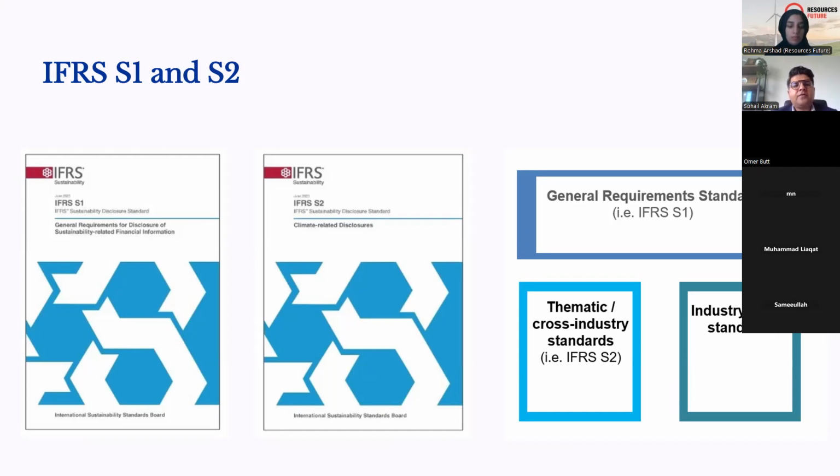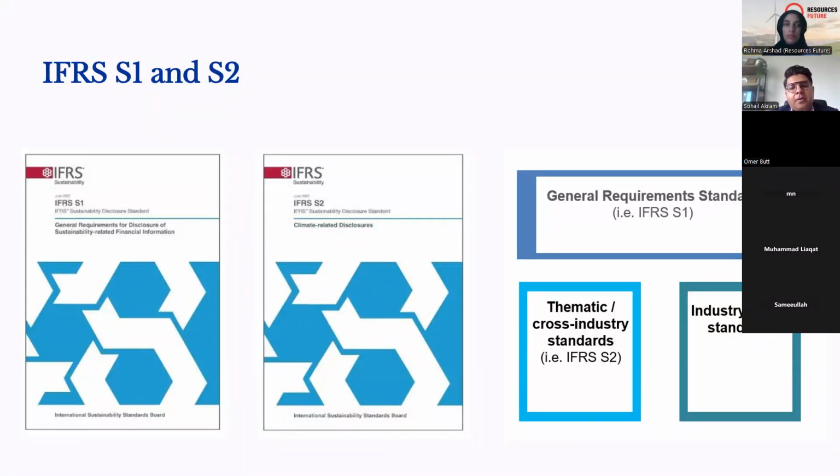While IFRS S2 is a more specific thematic standard, which focuses on disclosures related to climate-related risks and opportunities. These are the first two standards, and ISSB started the work on the climate-related standard because it was believed that this is the key or the most important area in terms of sustainability reporting, and a framework was required at the earliest. So they have come up with S2.